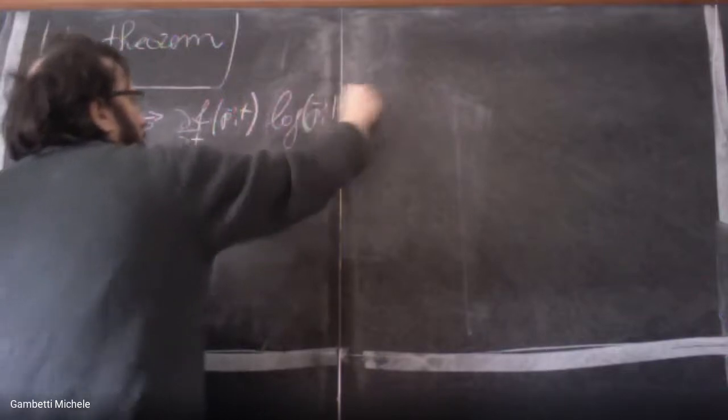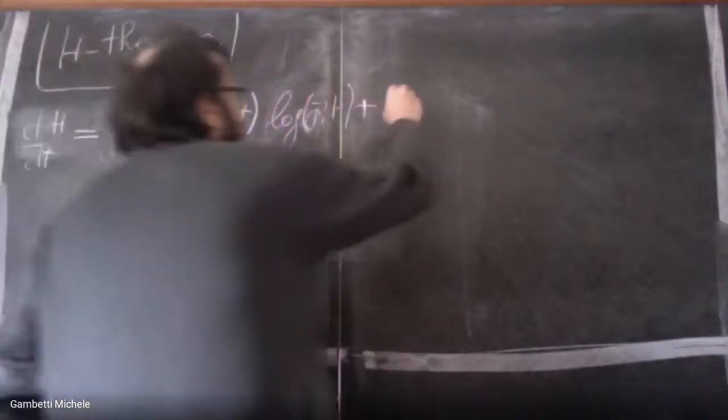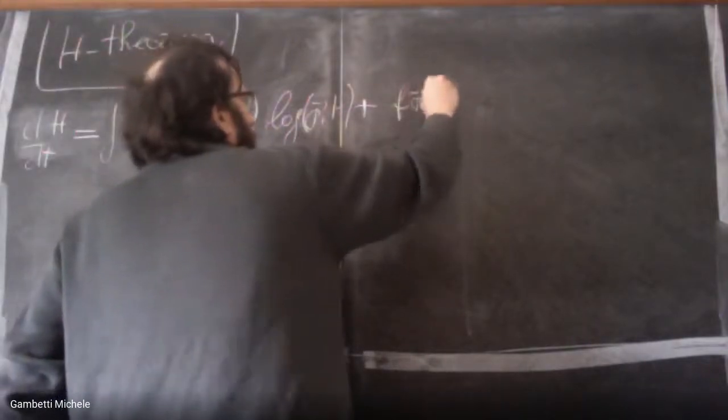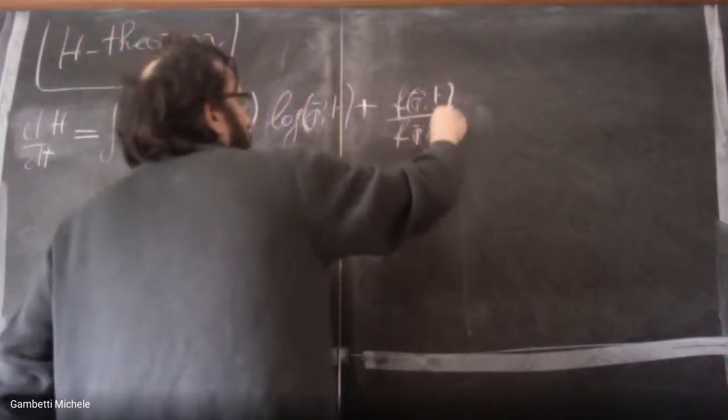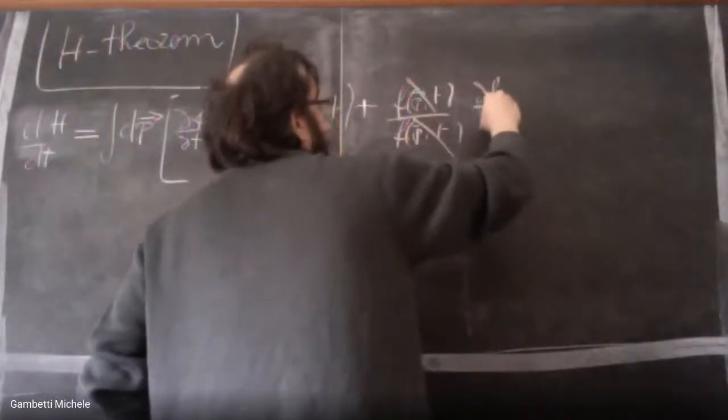And so basically we start by calculating the derivative of H with respect to time, and by using the definition of H, this is the integral over dp, and then I have the derivative of f with respect to time times the log of f of p t, plus, now I have to derive the log, so I have f of p t, the derivative of the log, and then the derivative of f with respect to time.